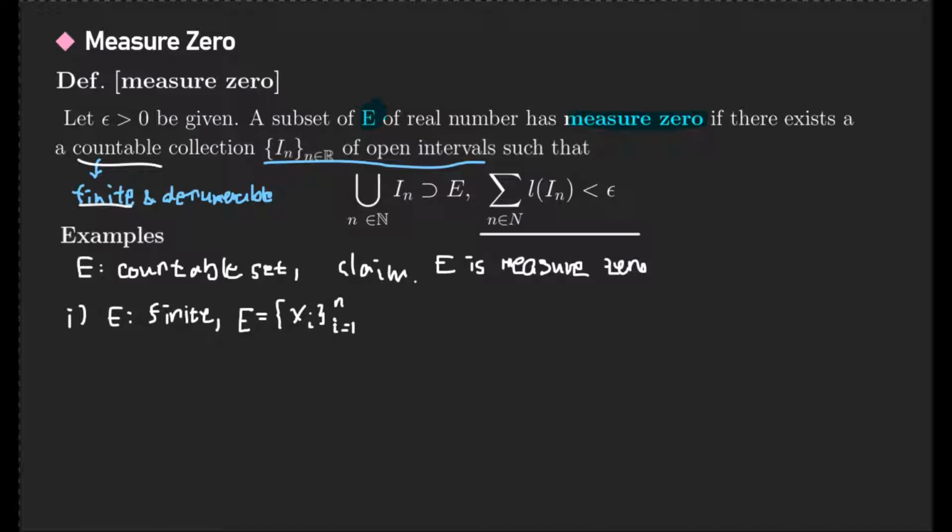Even though n is sufficiently large, this is anyway finite. Then we consider the lengths of the intervals.